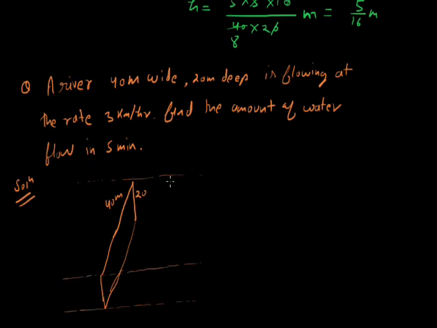Now the river is flowing at the rate of 3 kilometer per hour. That is the speed. Speed is given to us, that is 3 kilometer per hour. Now we have to find how much water flows within 5 minutes. As the river is flowing at 3 kilometer per hour, the distance covered by this cross section of the river in 5 minutes is given by, as we know, distance equals speed into time.